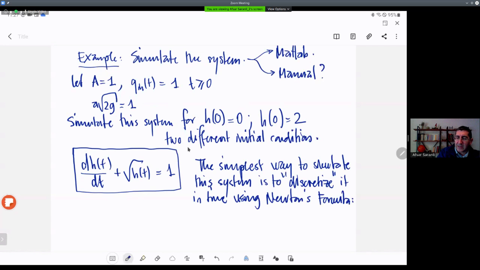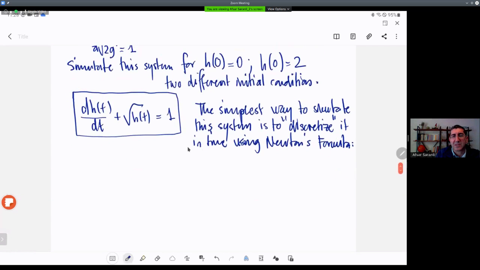That means I'm going to assume the simplest approximation to the derivative that we had discussed before, right? So we have h at time k minus h at time k minus 1 divided by delta t. Previously we had called this capital T.